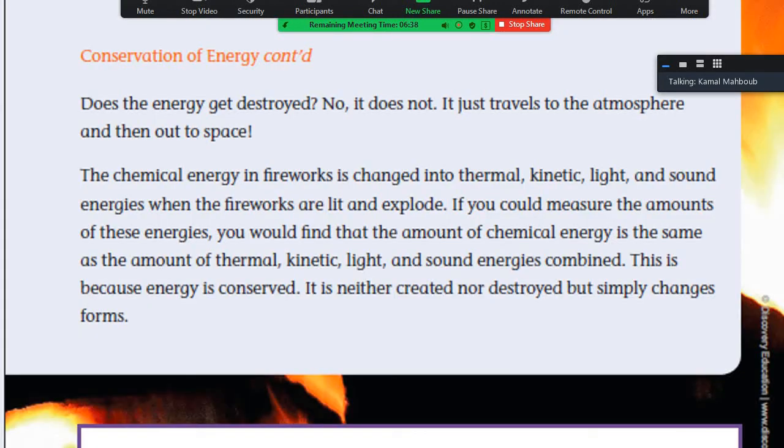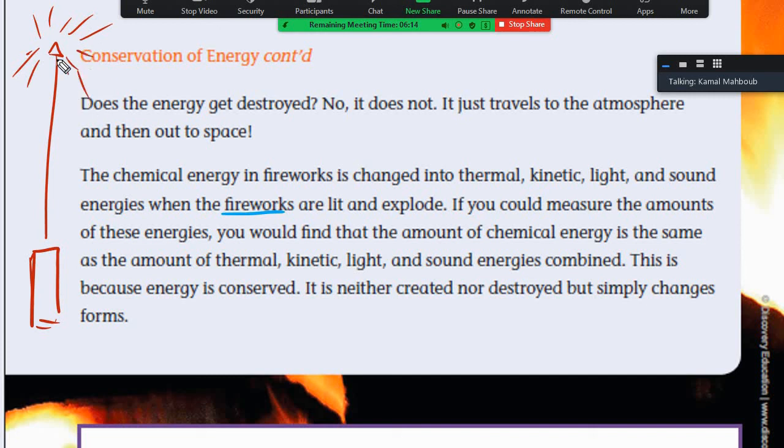Now here also, guys, on page 64, we have another example. If you look at the fireworks, when this one moves up like that and makes all of this light and sound in the air, now we have chemical energy here, and this chemical energy gives kinetic energy to move up like that.